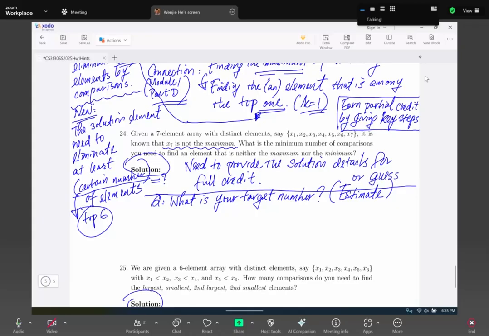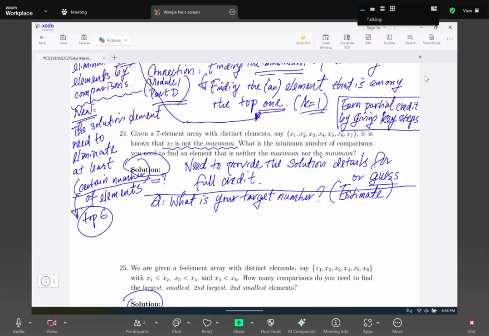Remember the guess and verify strategy, right? For the solution, you need to make a guess to set your goal. So set your target, then you try to get that target.